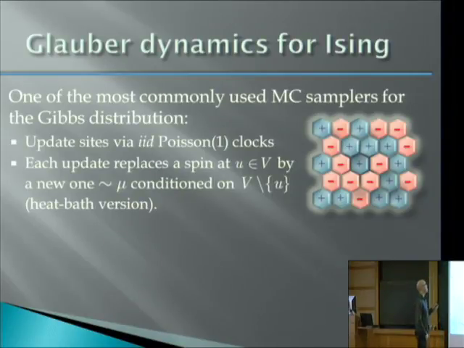For the Ising model, this is one of the most commonly used MCMC, Markov chain Monte Carlo methods. We have a Markov chain to sample from the Gibbs distribution. I failed to say it in the previous slides, but there is this physical motivation for studying this model. And then the most reasonable thing to ask is to try to sample from this model.